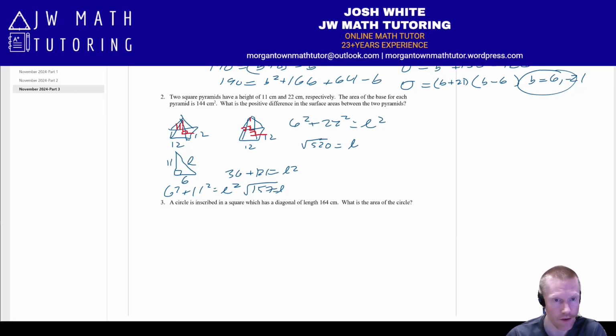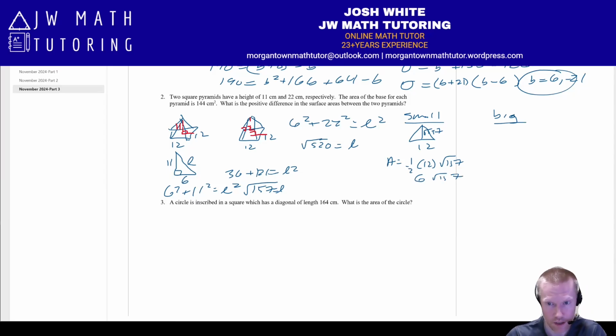All right, so now that we have that, we can start with the small one. I'll put small and big over here. For this one triangular face for the small, we've got 12, we've got square root 157, so our area is just going to be 1/2 times 12, then square root 157, or in other words, 6 root 157. Again, that's the area of one triangle, but for the total lateral area, we would multiply this by 4 because there are 4 triangular faces.